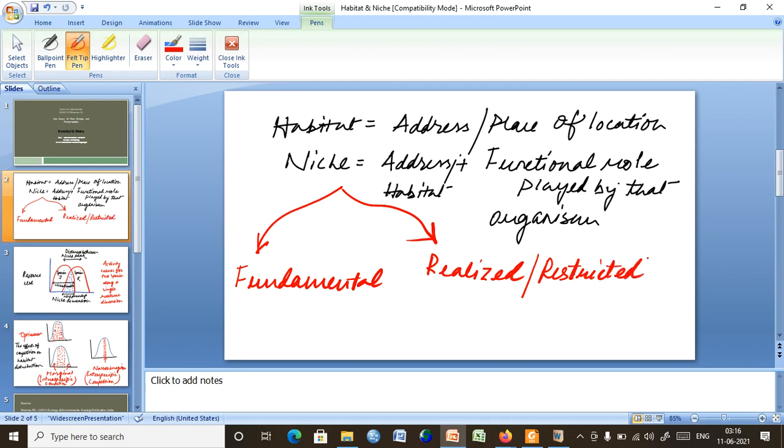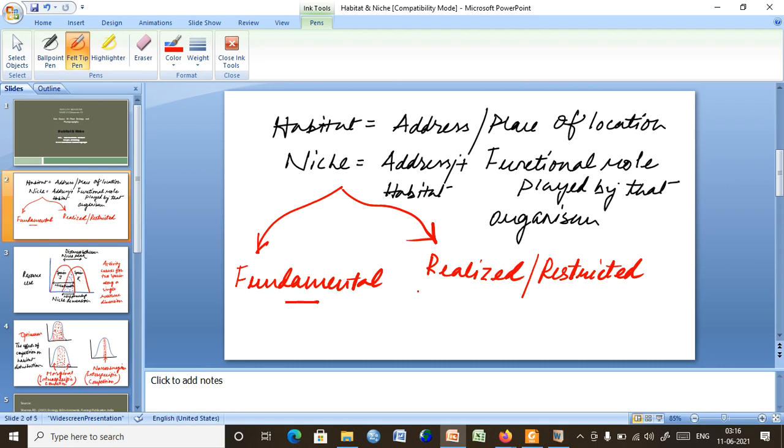The fundamental or basic niche represents where a particular organism is found in a particular area, and there is no competition or interaction or any type of disturbance.